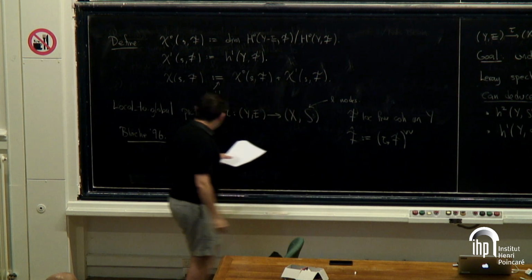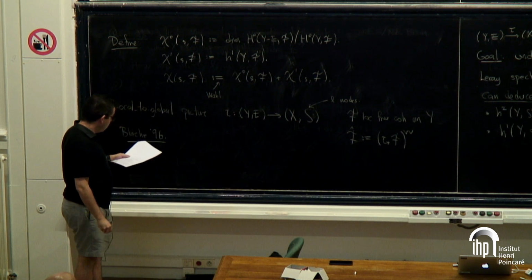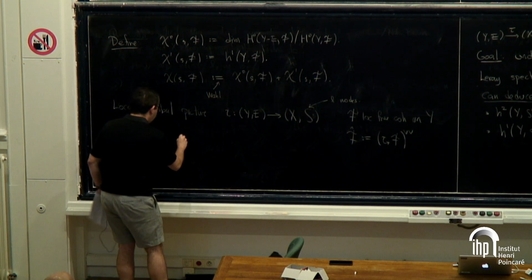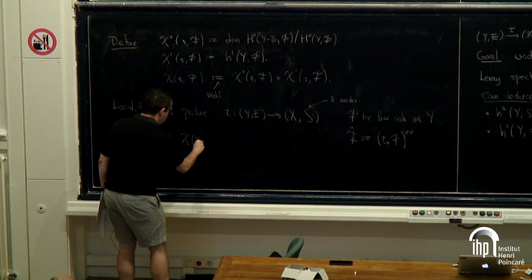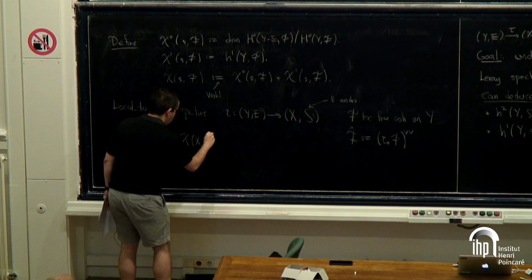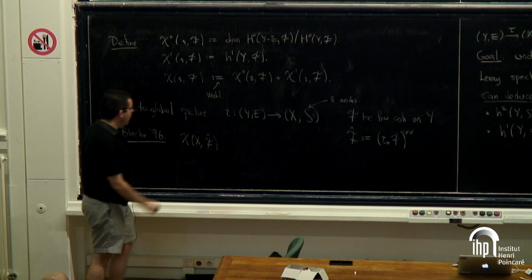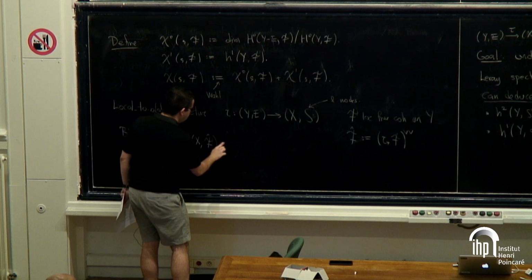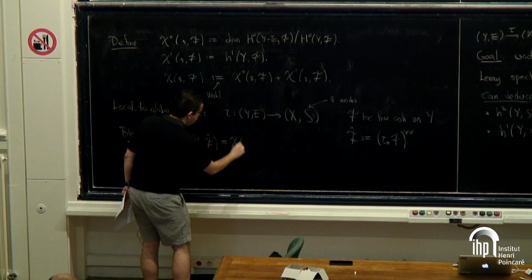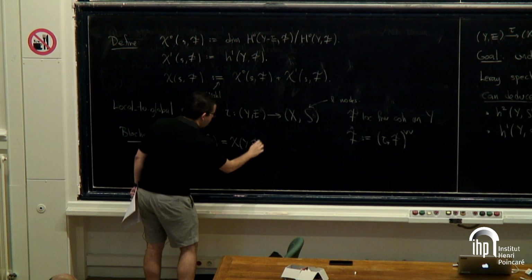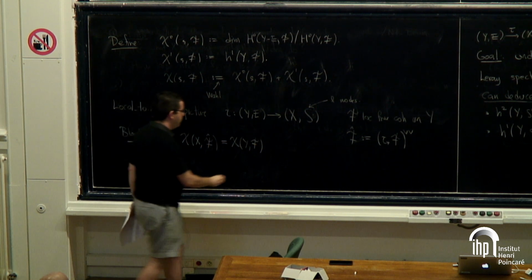Okay, and what Blasch showed for us is that if I look at the Euler characteristic on X for this F hat, well, this is basically the Euler characteristic for F on Y plus contributions from the nodes.